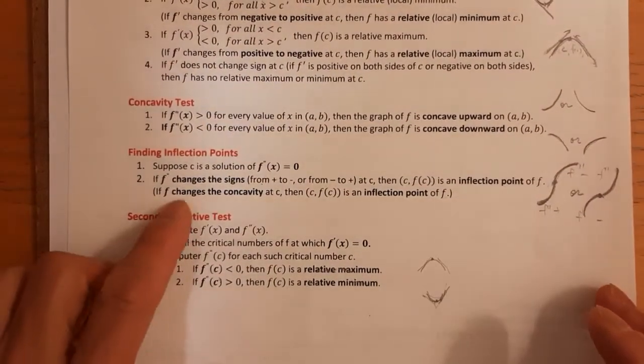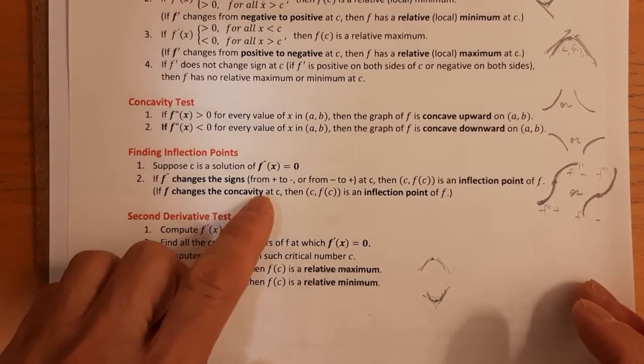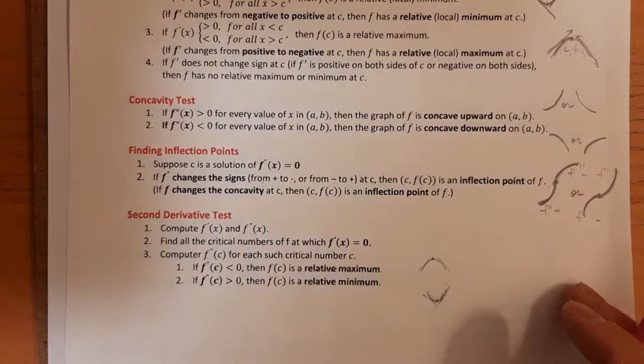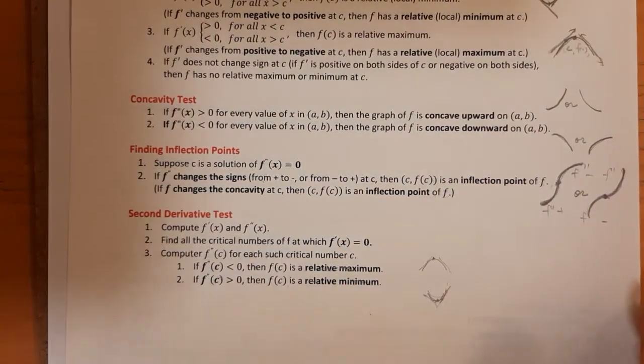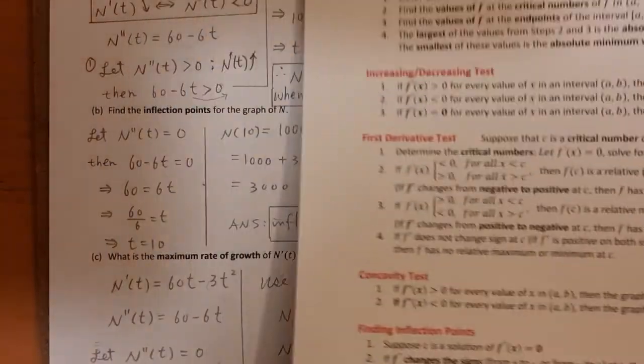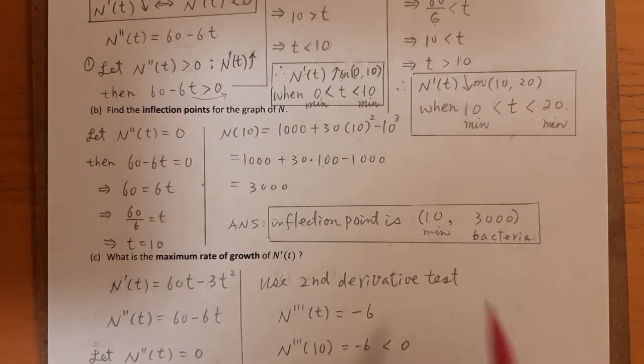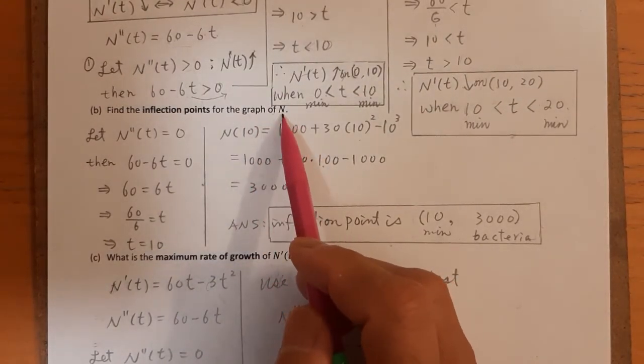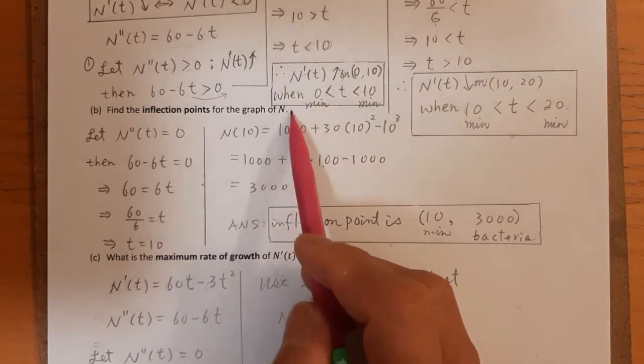If f changes concavity at c, then (c, f of c) is an inflection point. So in this question we are looking for the inflection point of n.